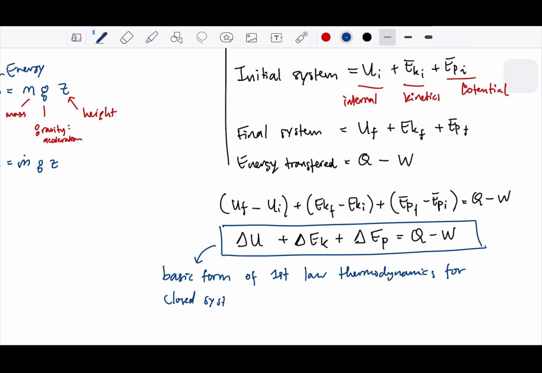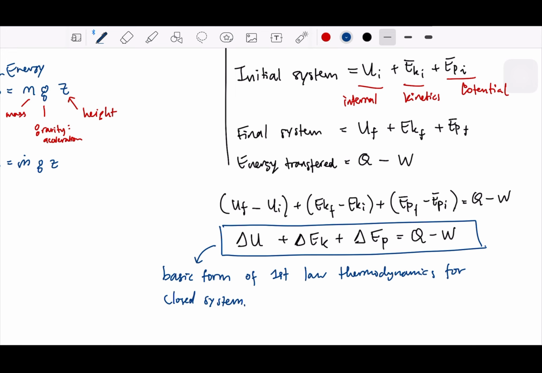And of course, since it's the basic one, in a case you need to be wary of the signs of each piece of information.